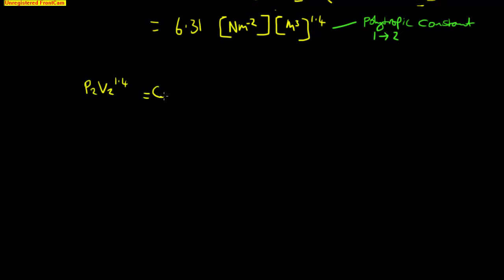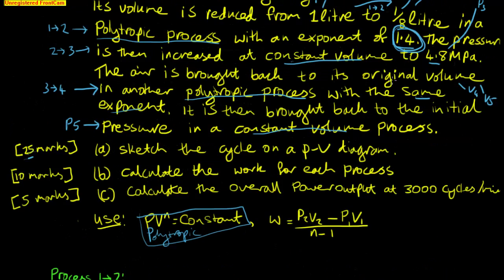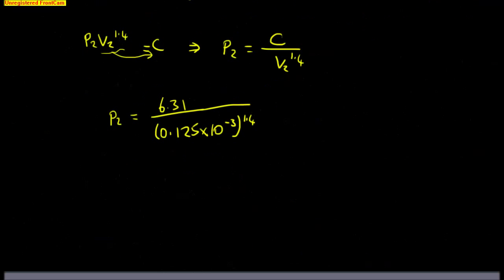So, seeing as we know PV^n is equal to C, also P2V2 to the power of 1.4 is equal to C. So we'll just rearrange that so as we're solving for P2 by putting V2 underneath. And we know our polytropic constant, which is 6.31, we've just calculated, and we know the volume at V2, which is 1/8 of a litre, which is 0.125 if you divide 1 by 8.